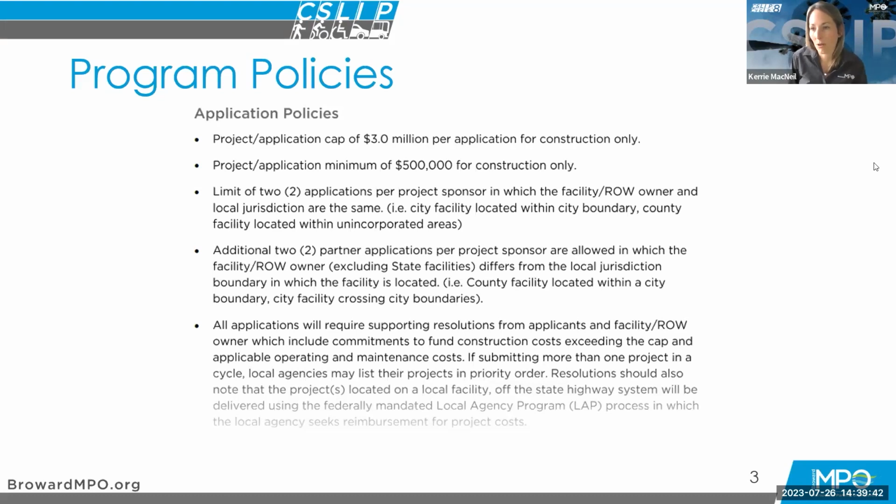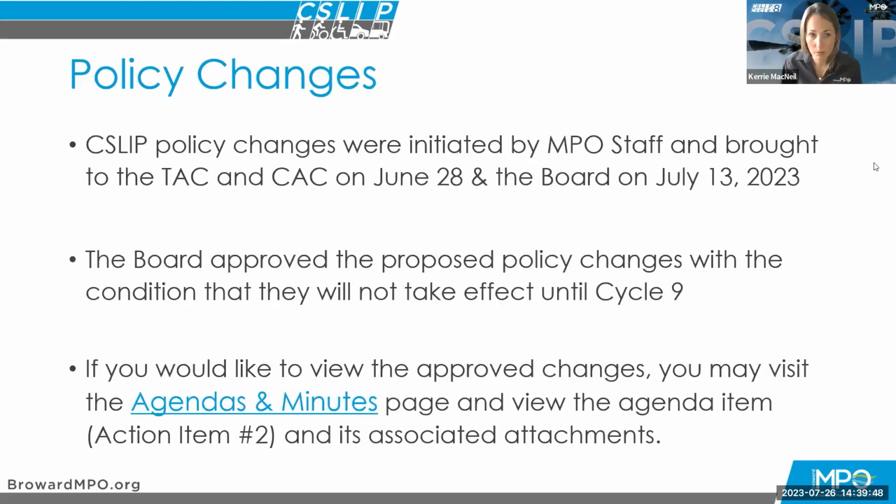So the program policies, I'll show you in the next part of this presentation where they are posted on our website. The MPO staff brought some proposed changes to the program policies before our TAC and CAC, our Technical Advisory Committee and Citizens Advisory Committee, on June 28th.